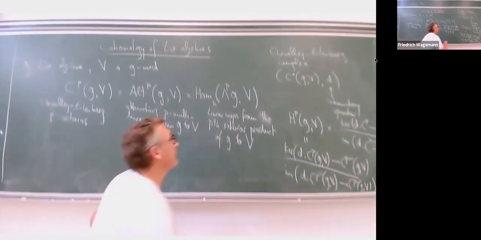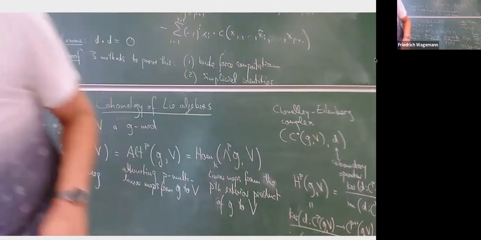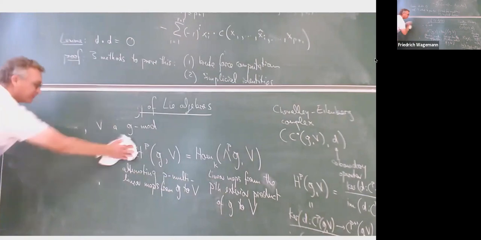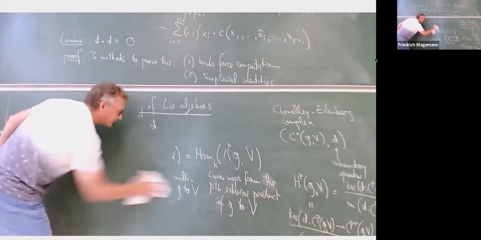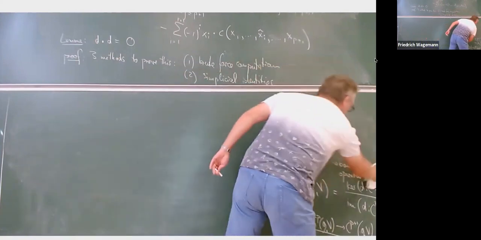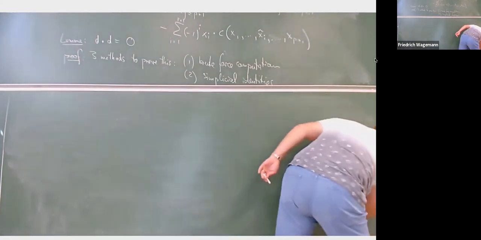I think the most instructive way to show d squared equal to 0 is to use the Cartan calculus, which you know perhaps from differential forms on a manifold.